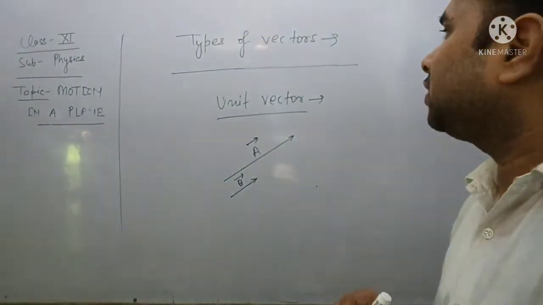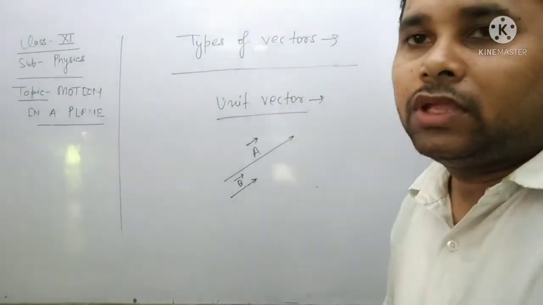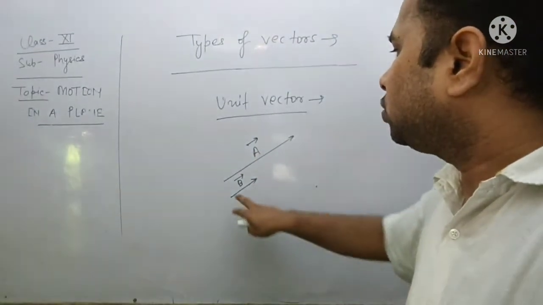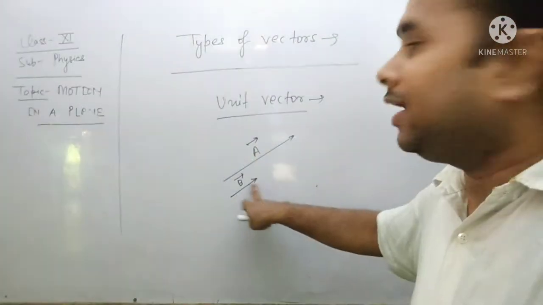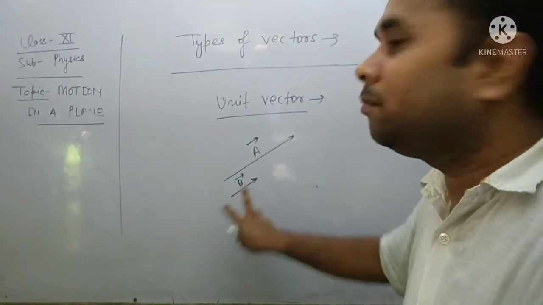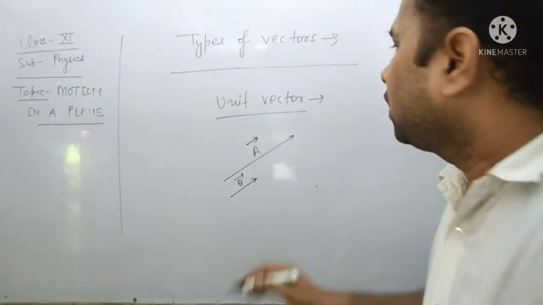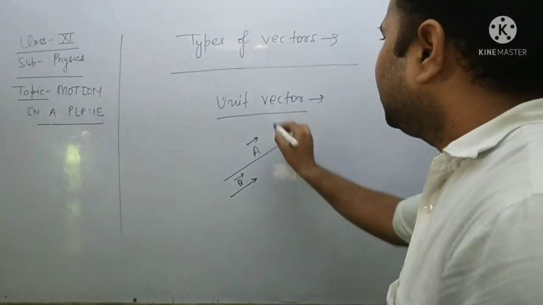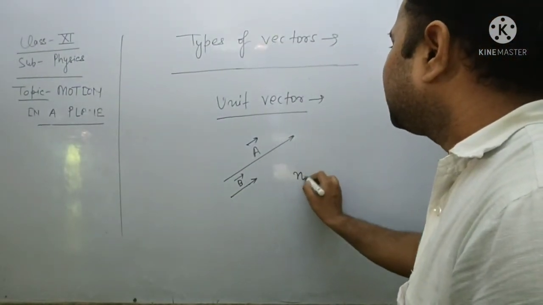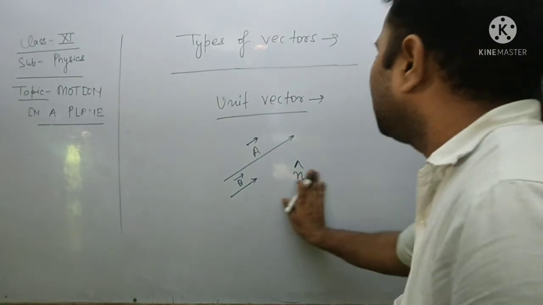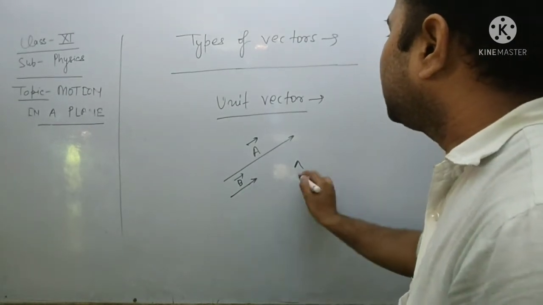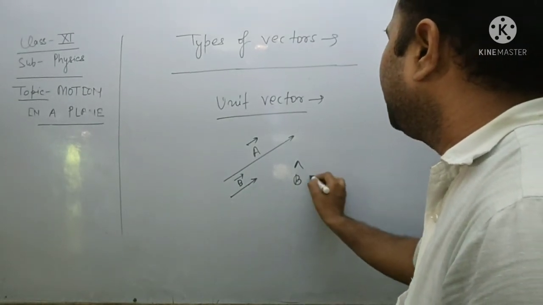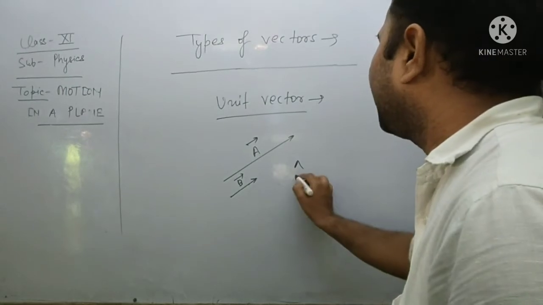So draw the unit vector of the A vector: we should draw a vector along the given vector with unit magnitude. The unit vector is represented by, suppose, A cap.